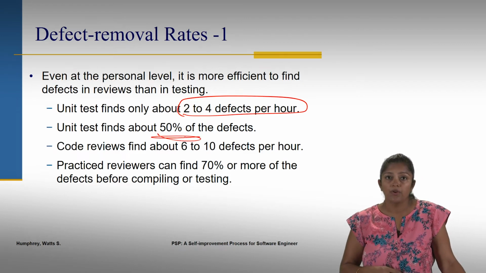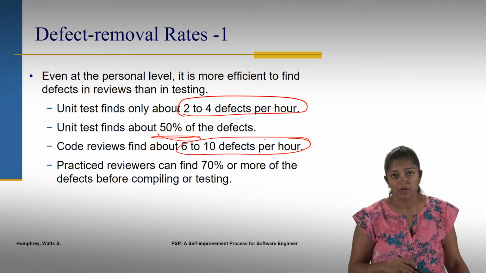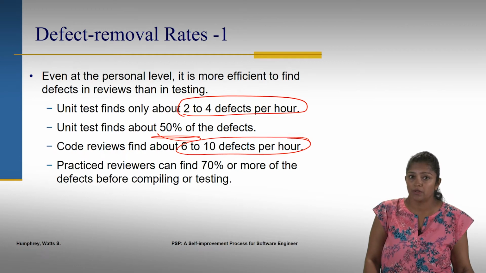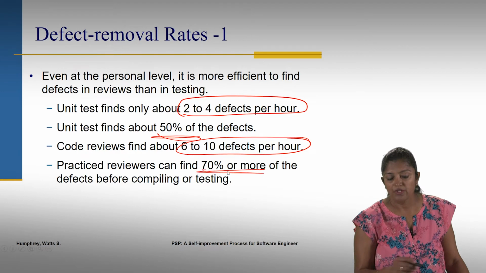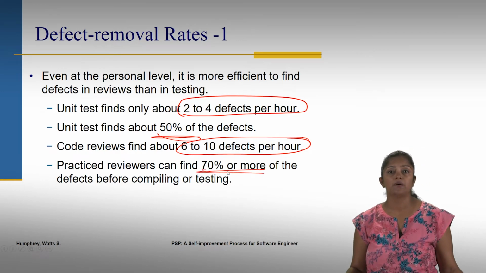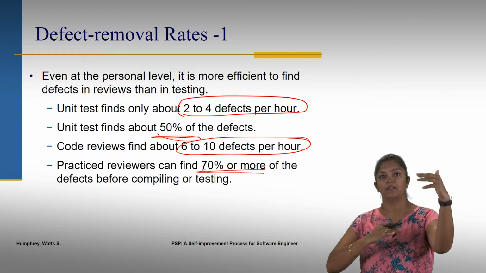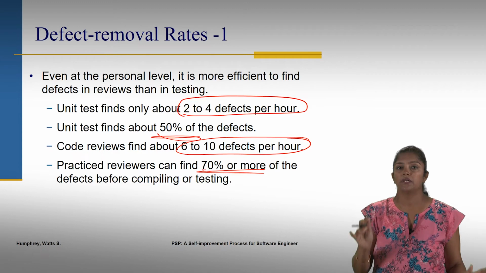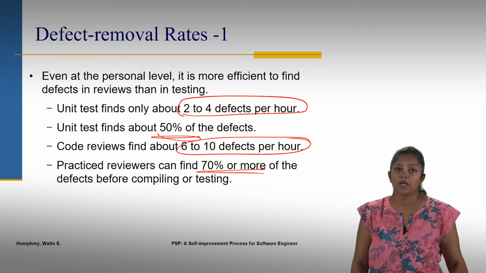Whereas with code reviews you can find 6 to 10 defects per hour, so it's much higher. And when there are practiced reviewers doing the code reviews, they can find 70% or more of the defects even before compiling or testing the code. So here we're talking about reviewing just statically the code. We're not running it or executing it, just reading through the code and walking through the logic.